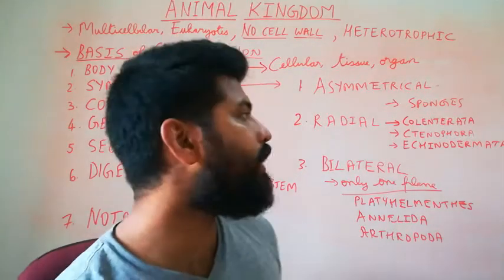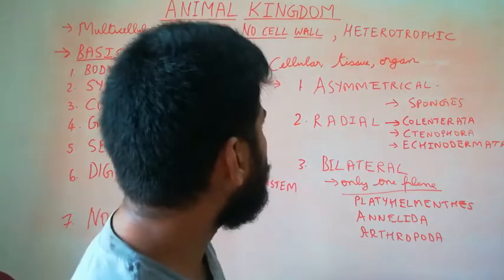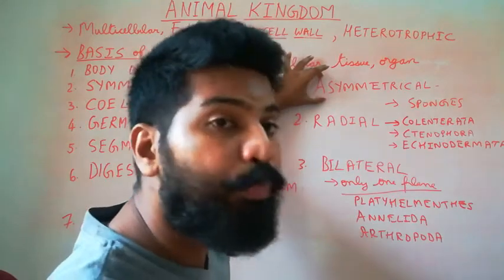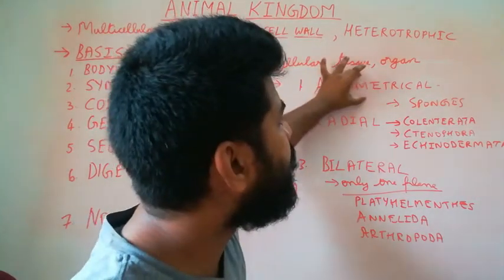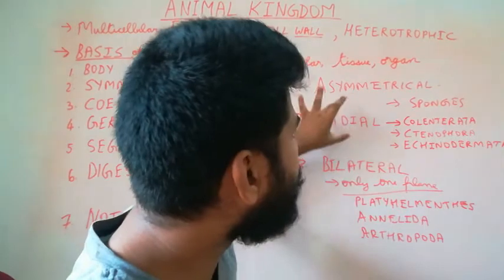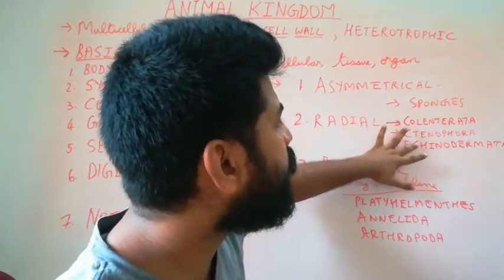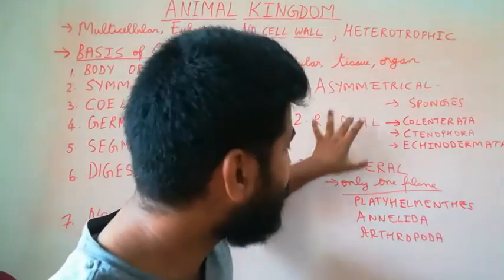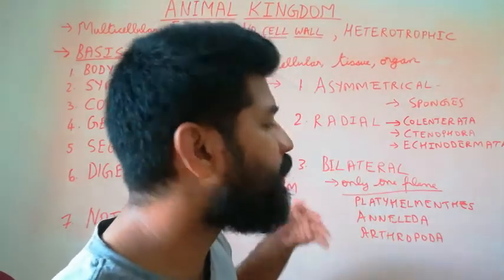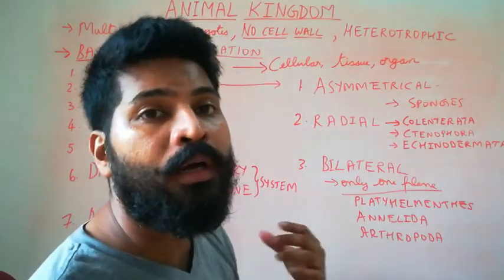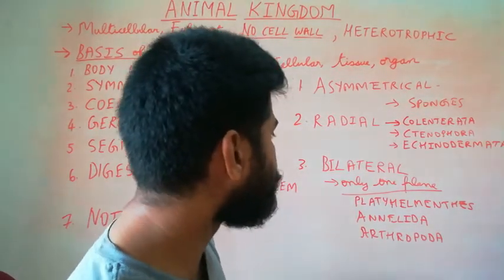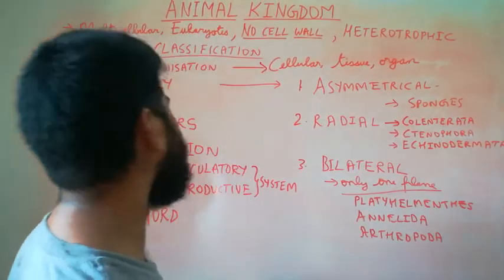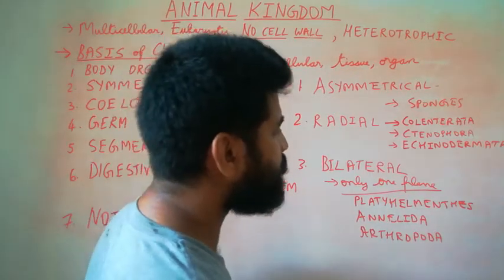That is bilateral symmetry. So based on this, as you can see, sponges, that is phylum Porifera, are asymmetrical, whereas we can divide Coelenterata, Ctenophora and Echinodermata into animals having radial symmetry. Rest of the animals, Platyhelminthes, Annelida, Arthropoda, Mollusca, etc., into animals having bilateral symmetry. So that is the second basis for classification.